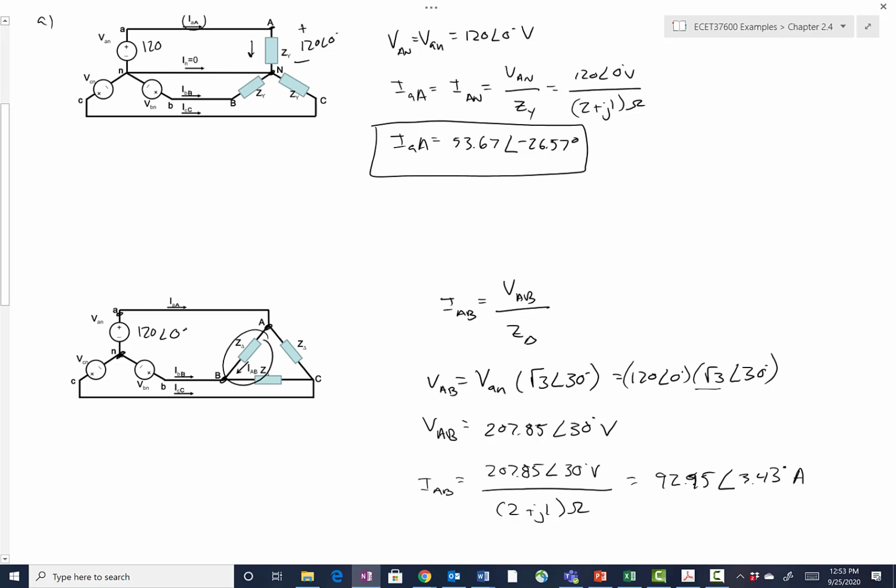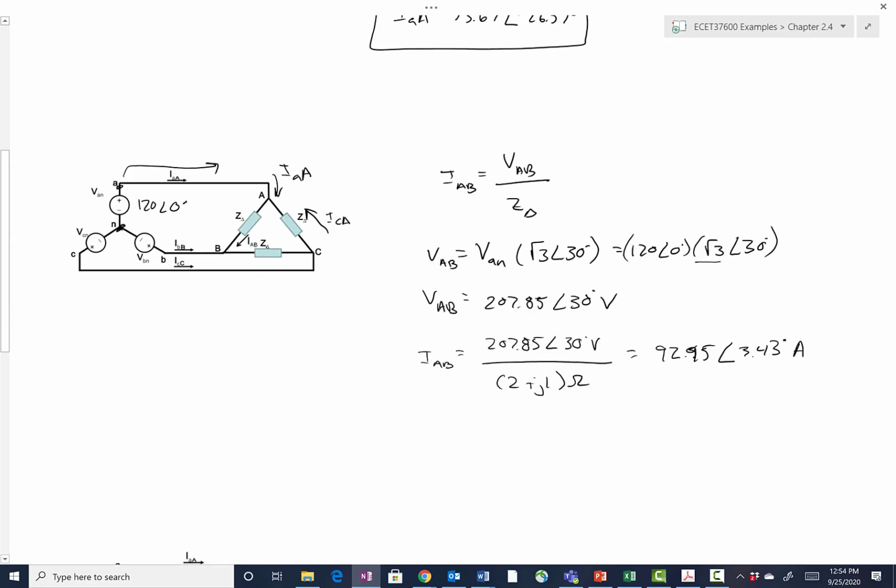Now what we've solved for here is IAB. What the problem asked for was what the phase current delivered by the source is, which is that current right there. So you can see what happens is this current splits into IAB and ICA, the two currents that contribute to IAA. So what we see there is that is again a line to phase conversion.